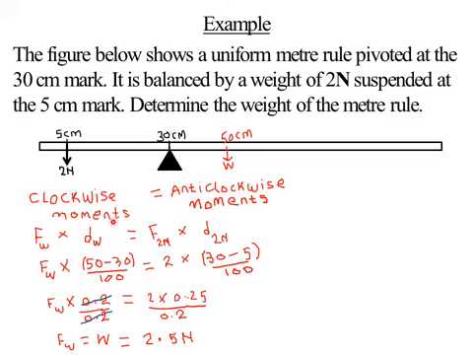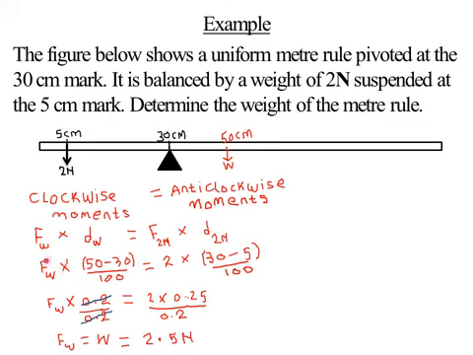So we have F, the force due to the weight, times the perpendicular distance of the weight from the pivot, must be equal to the anti-clockwise moments. We only have this one force, because it will cause the bar to move downwards, therefore it is an anti-clockwise moment. So its force times its perpendicular distance: the 2 Newton force times the perpendicular distance of the 2 Newton force will give us the anti-clockwise moment.